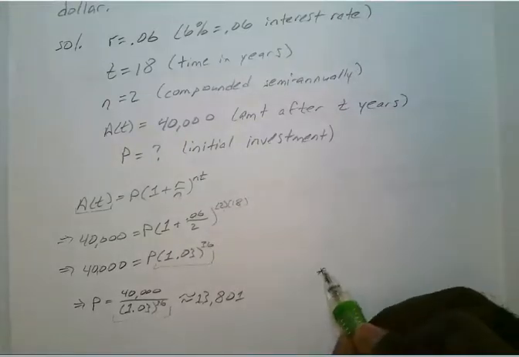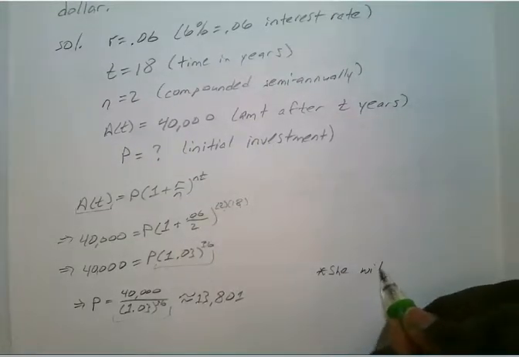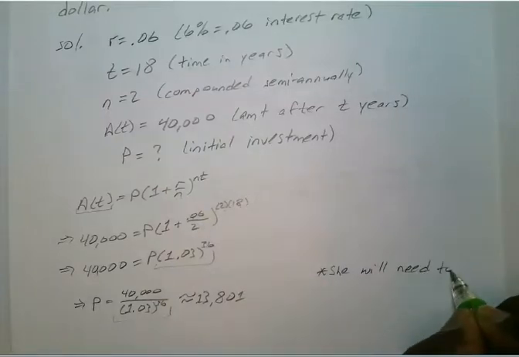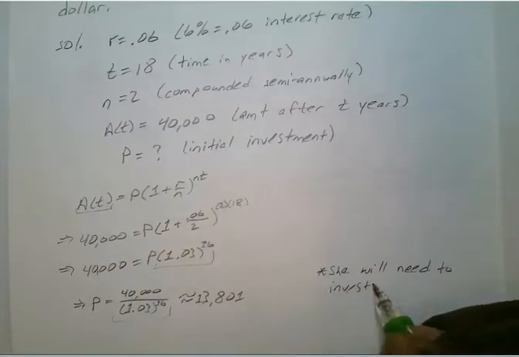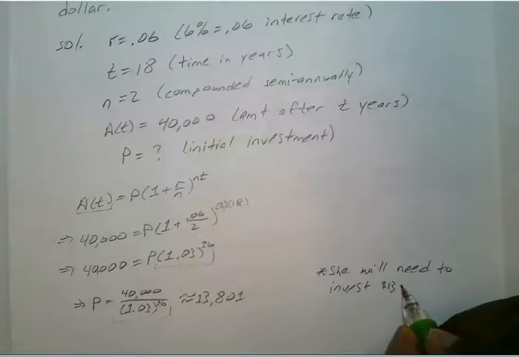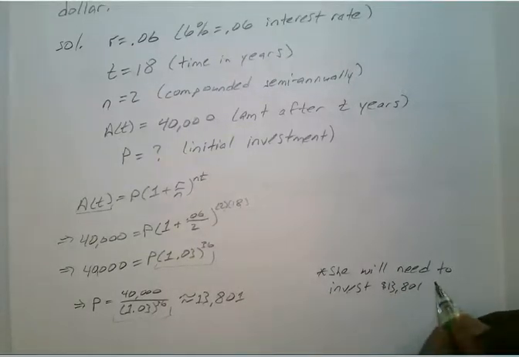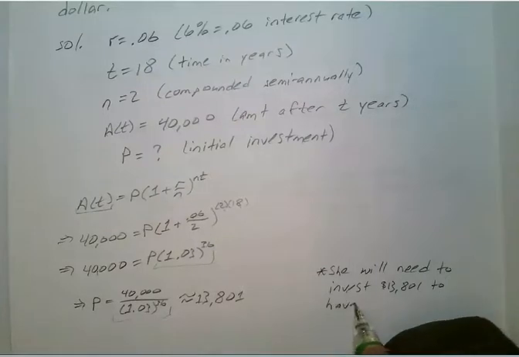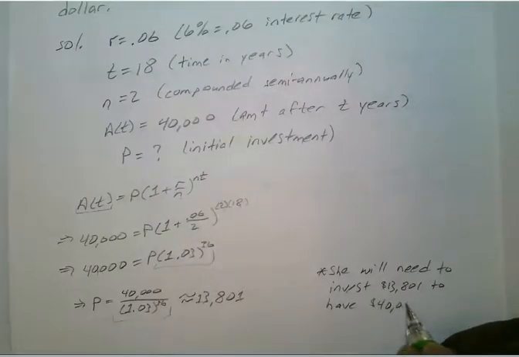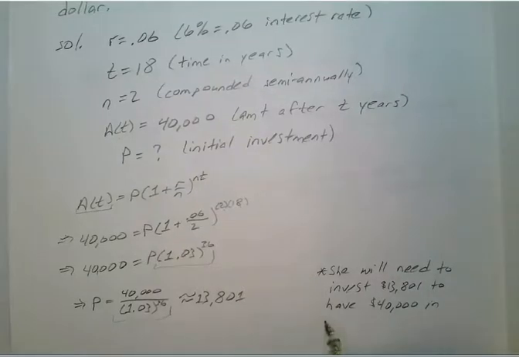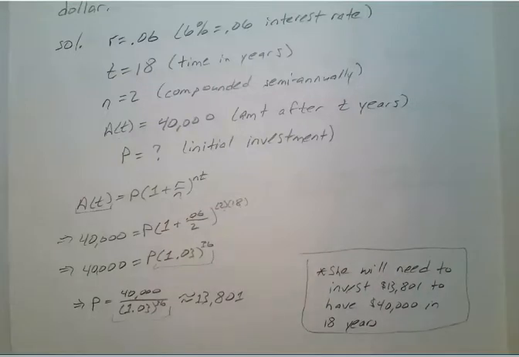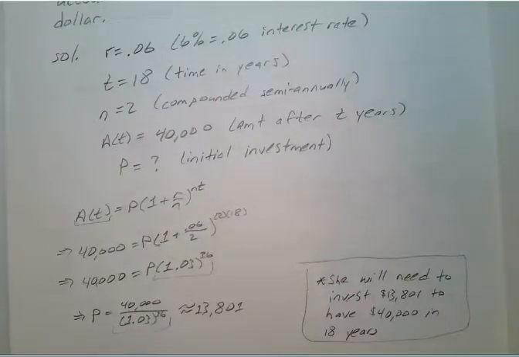So we know that she will need to invest $13,801 to have 40,000 in 18 years. All right. So if you are still writing, feel free to press pause and finish up. But we're going to go ahead and move on.